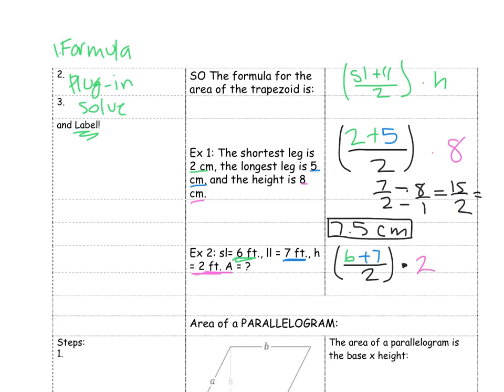So now we can compute that. 6 plus 7 is 13 divided by 2 times 2. And I'm just going to throw that into my calculator to get 6.5 feet.